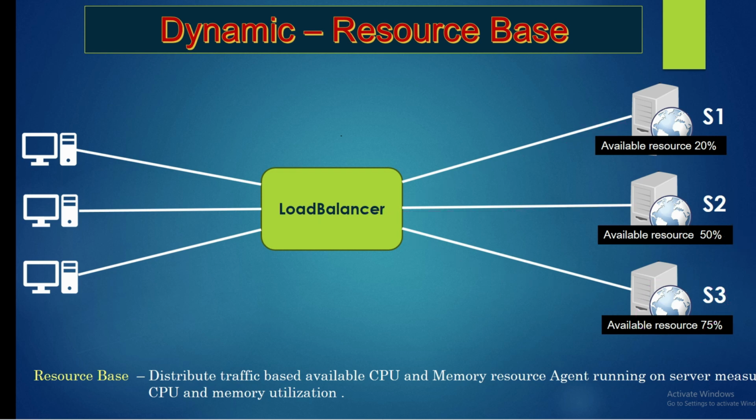Let me show you. Request 1 hits the server with 75% available resources. It will not hit server 1 because its utilization is very high, 80%. The second request also hits the 50% server.